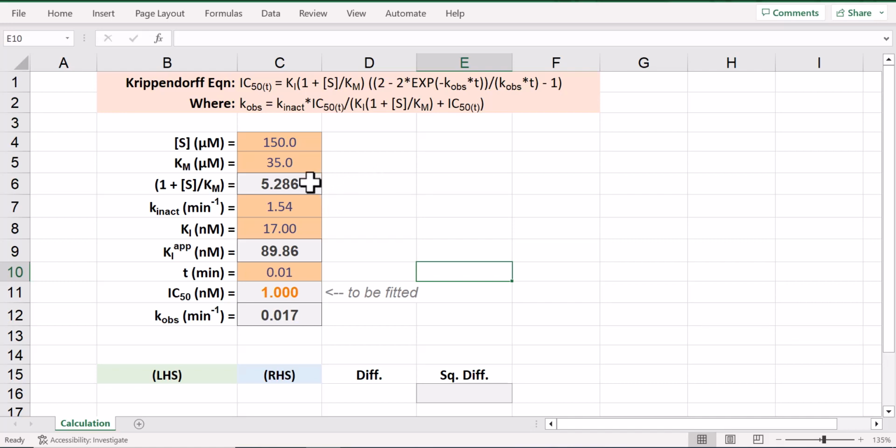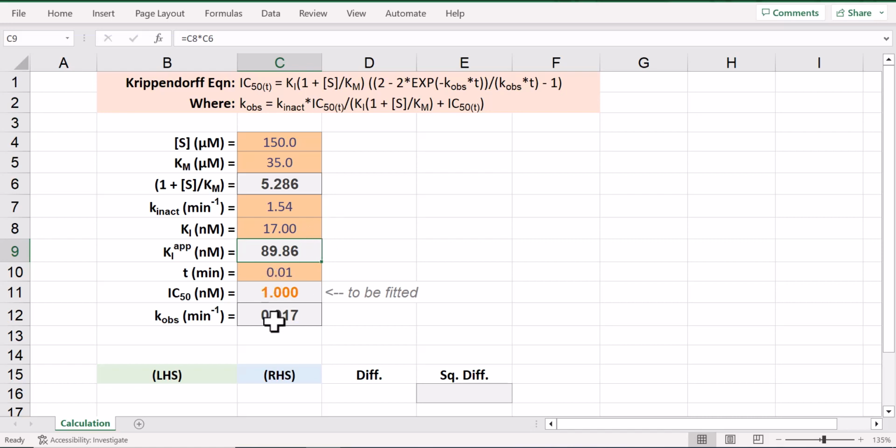You'll also note that to simplify some formulas, I've made some cells that contain intermediate formulas. For example, the so-called alpha term of 1 plus S over Km due to competition between the assay substrate and the inhibitor is multiplied by Ki to give Ki apparent, or apparent Ki.